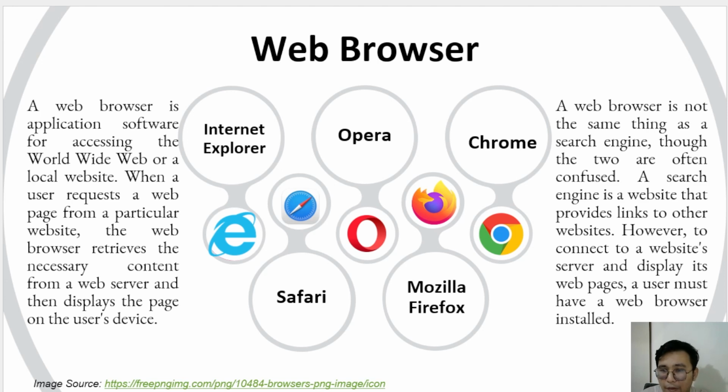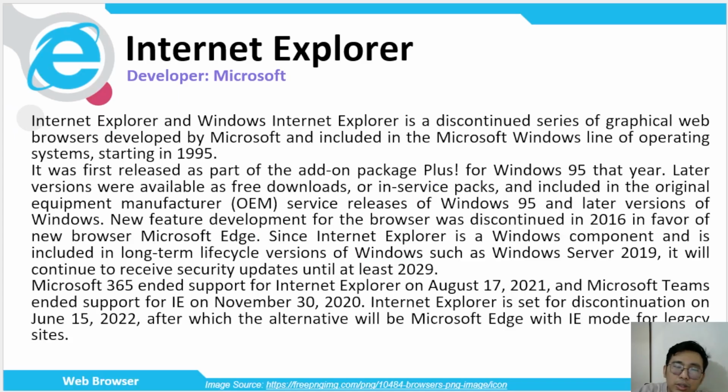We also have Opera, Safari by the Apple company, and also Internet Explorer, which was introduced as a default browser when we use the Microsoft operating system. So let's take some introduction to the browsers. Let's start with Internet Explorer.